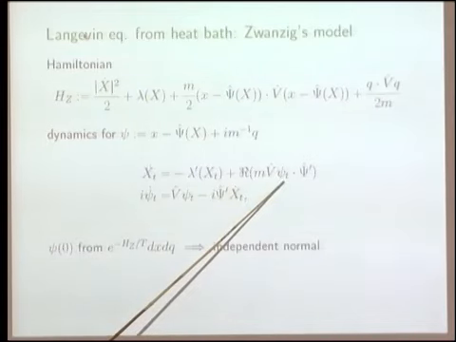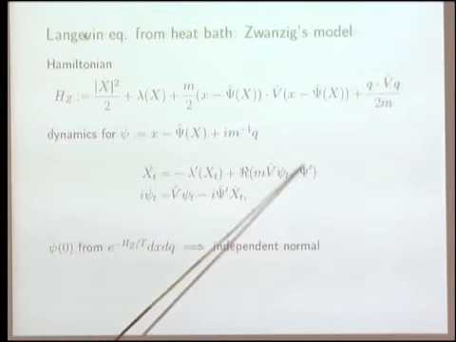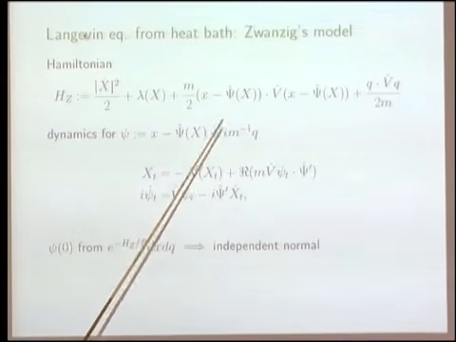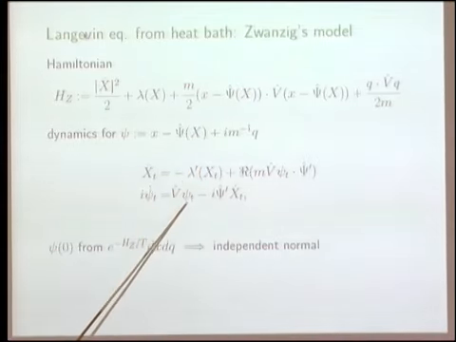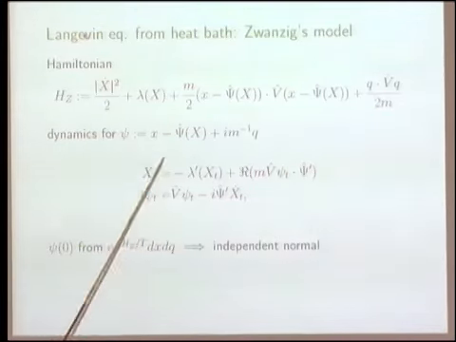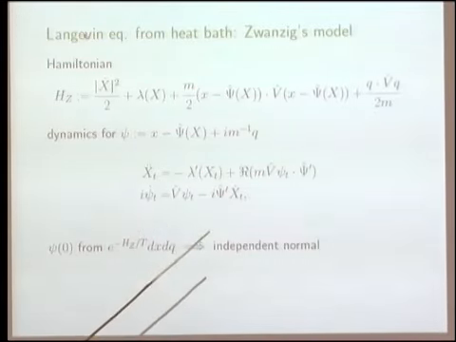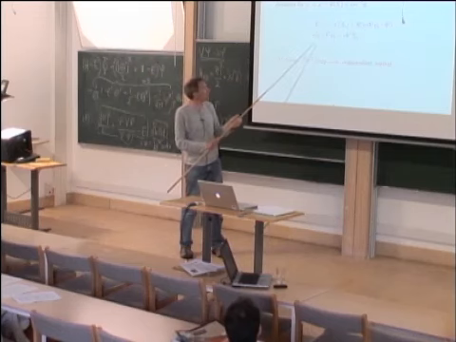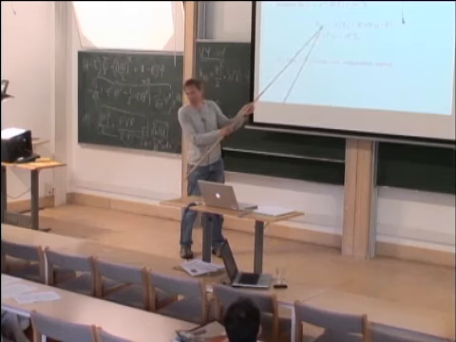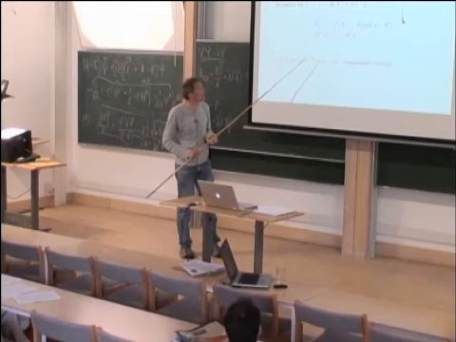So psi prime is the derivative with respect to x there. And then we have a Schrödinger equation for the light particles. We see already that it has some similarity with the Ehrenfest dynamics. Here we have a Schrödinger equation coupled to another equation.